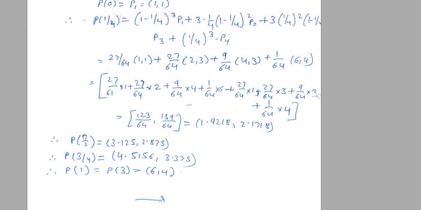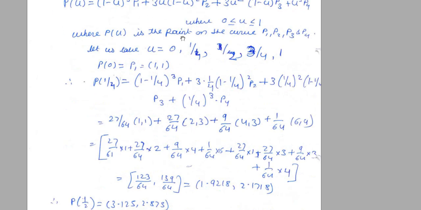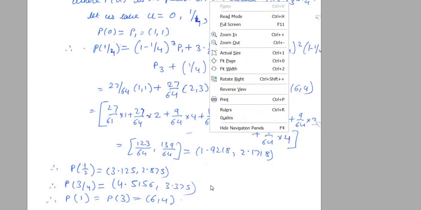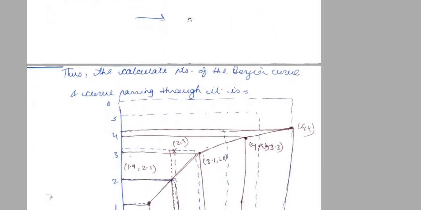If I put u as half, then I get the value 3.1, 2.8. When u is 3 by 4, I get the value 4.5, 3.5. When u is 1, I get the last point, D, as 6 comma 4. So calculate this, you will get the same thing.